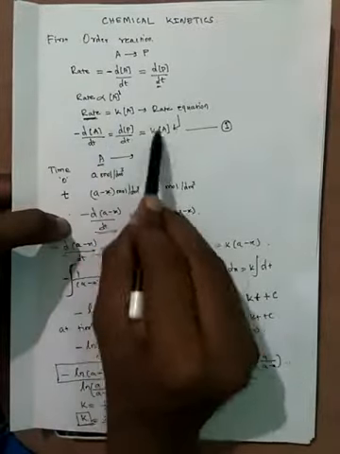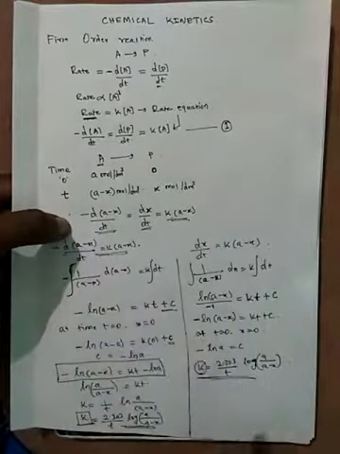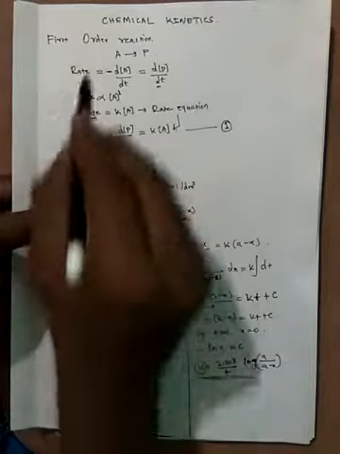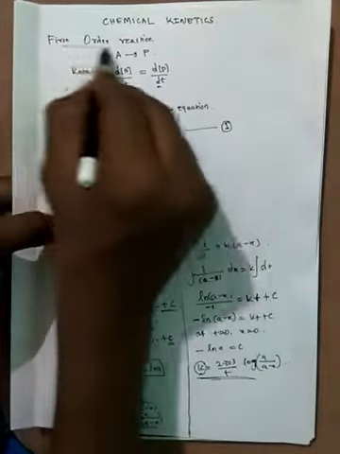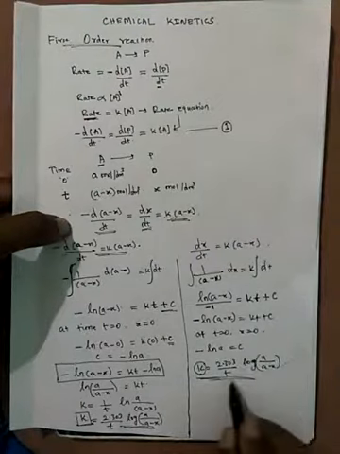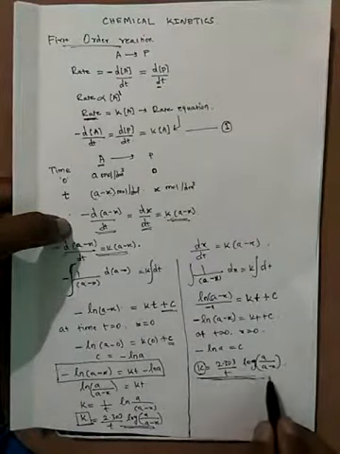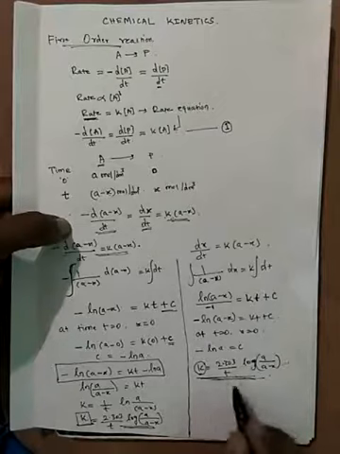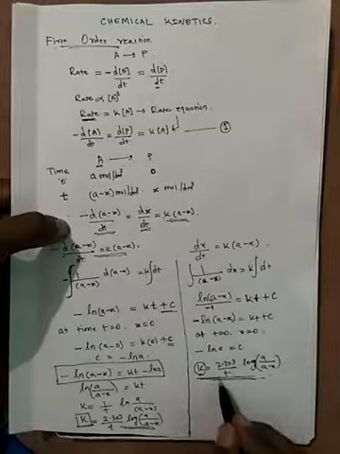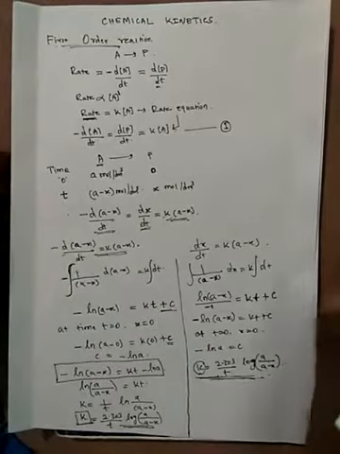This is my rate equation, and this equation is the integrated form of the rate equation of first order reaction. This is a more important relationship, more important equation to solve problems. This form of equation is more important, right?